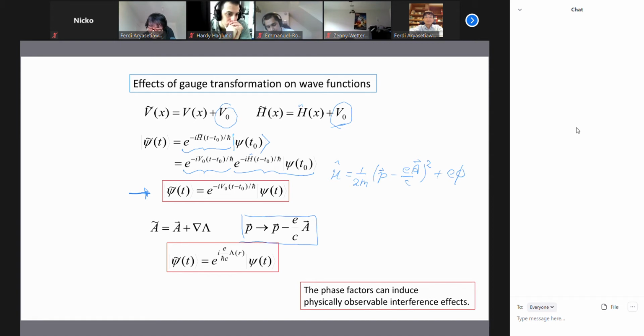This momentum here is usually called the kinematic or physical momentum, whereas this P here is the canonical momentum. That's the terminology. The canonical momentum is the one that fulfills the commutation relations with the position operator, whereas the kinematic momentum in general does not.